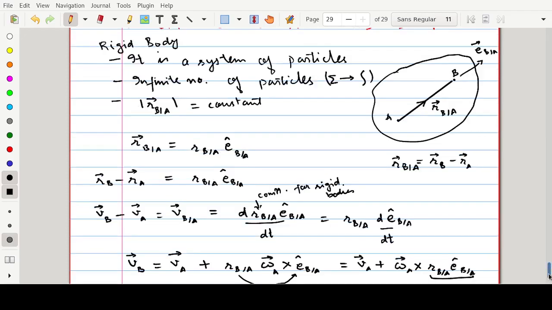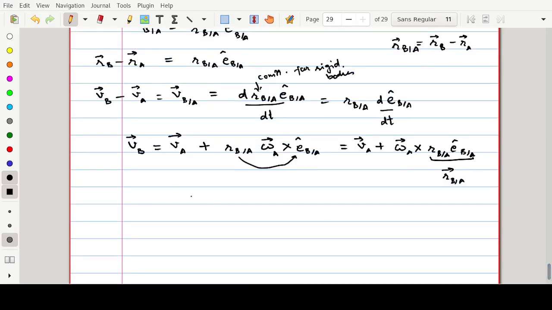So this is the most general relation between the velocities of 2 points on a rigid body: VB is equal to VA plus omega A cross RBA.